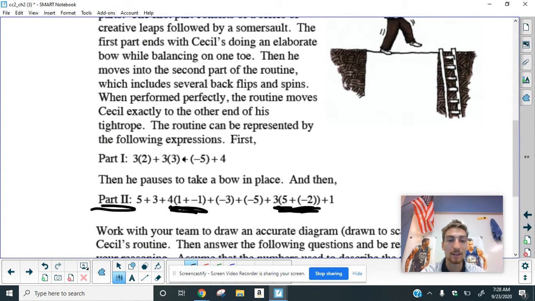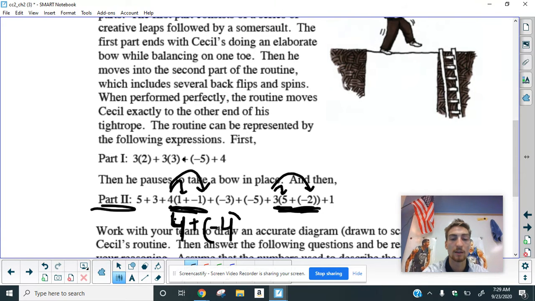Now this time it is all about distributive property, meaning we take that number on the outside and multiply it by what's on the inside, and multiply it by what's on the inside. So for example, this 4 with 1 plus -1 on the inside would turn into 4 times 1 is 4, plus 4 times -1 would be -4. These would actually cancel out.